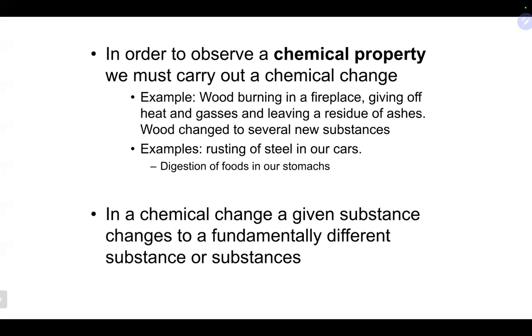Now that is different than a chemical property. A chemical property is a property of a substance relating to its ability to go through a chemical reaction or change, or even the ability of that substance to resist some type of chemical reaction or change.